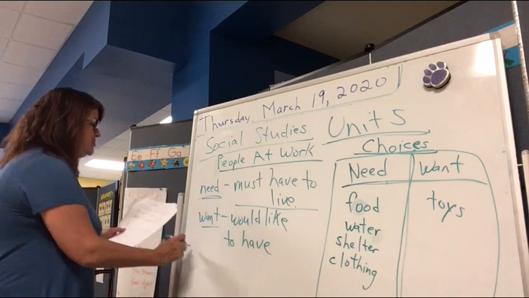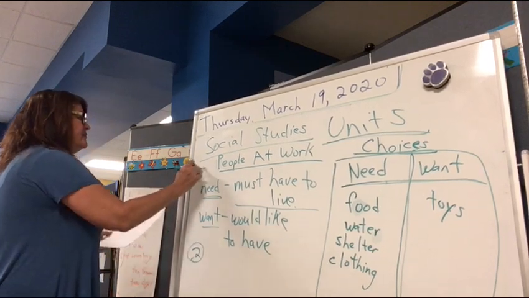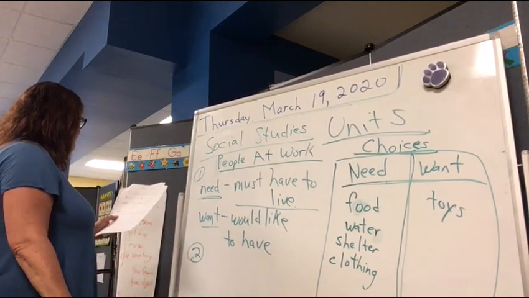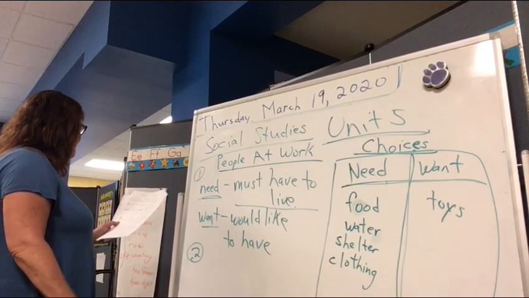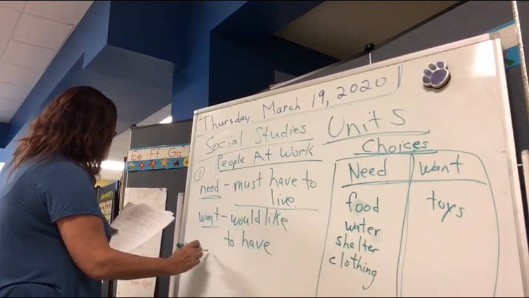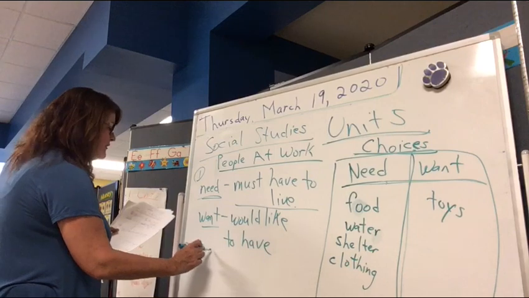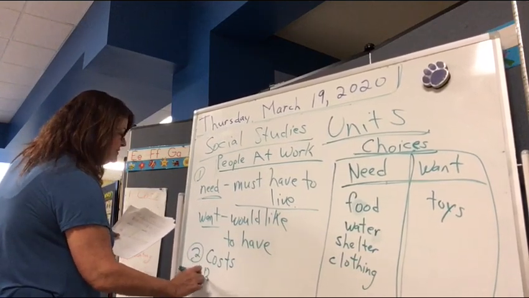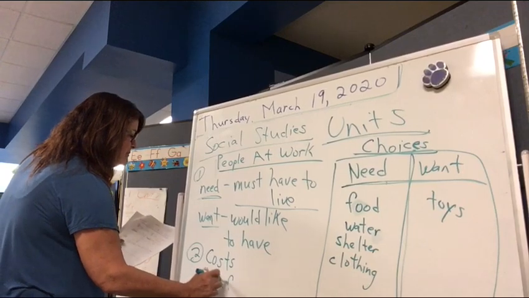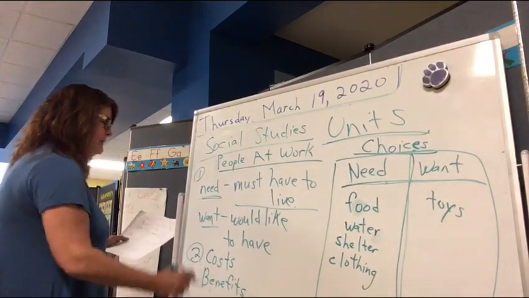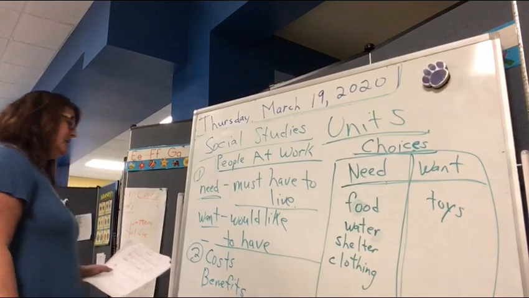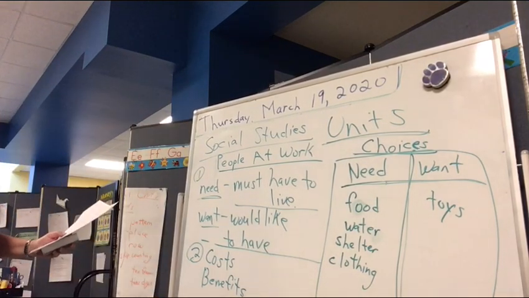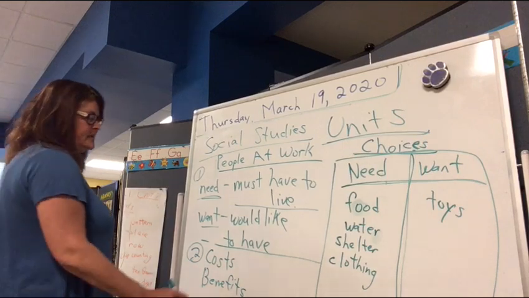We are going to, this was number 1. Number 2 is identifying costs and benefits of an economic choice.